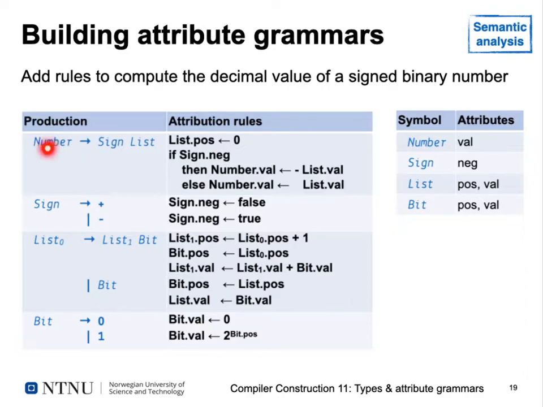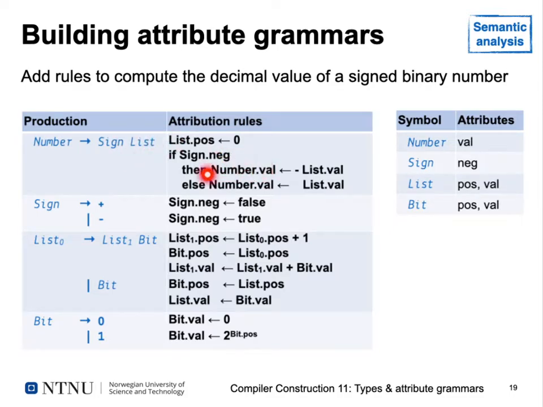For example, when we start at the top of our tree, we set our list position to 0, and then we recurse into sign and into list. If sign indicates a negative number, so we had a minus sign, then we use our right hand side result here.